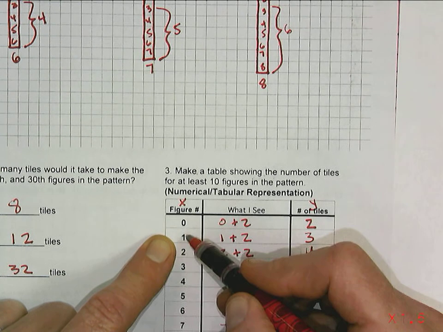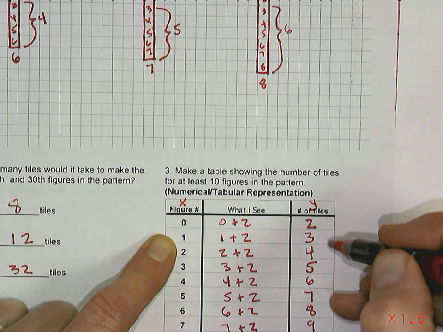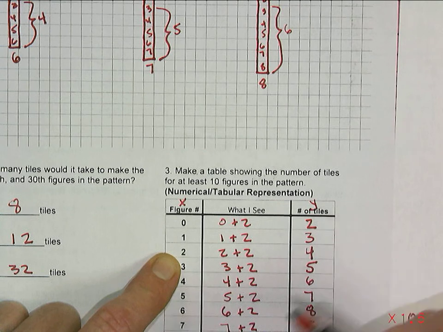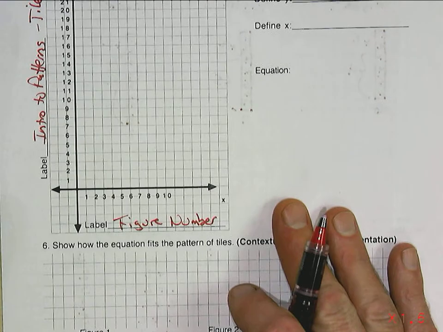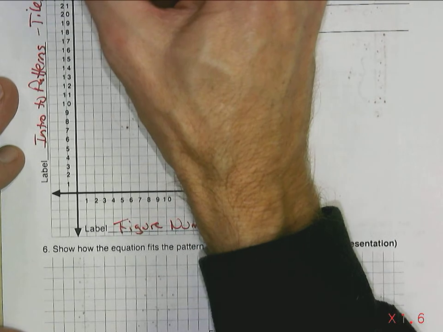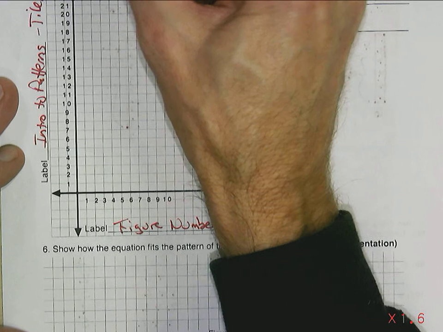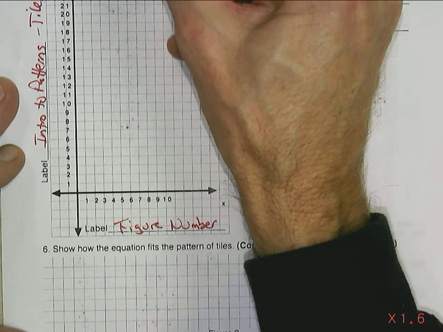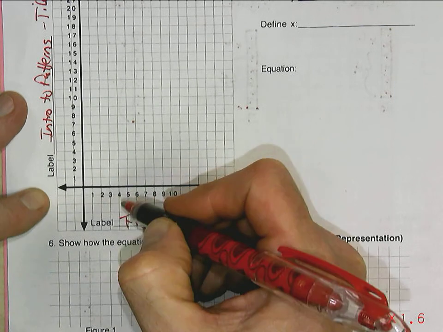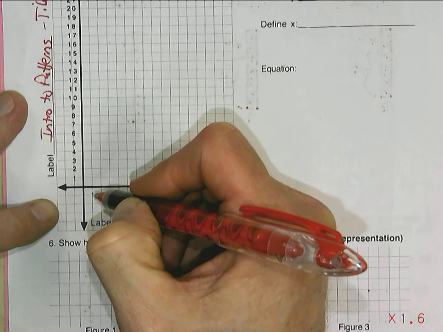So if I know it's figure number 2, I'm going to get 4 tiles. And the question is, how do I use the figure number to get the number of tiles? And again, this is our intro to patterns problem. And now we're going to graph this on this chart.